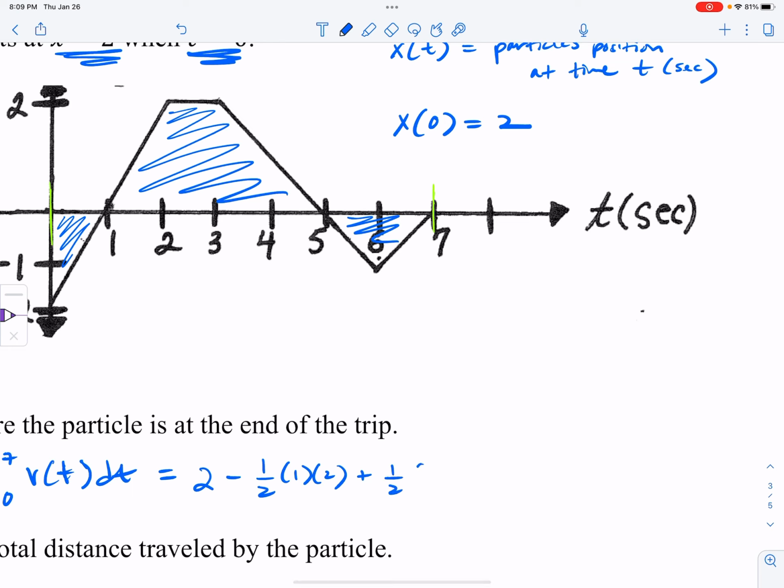So 1/2 times, this side is a length of 4, this side is a length of 1, it looks like, and then the height is 2. And then we have some more negative area. So minus 1/2 times base 2 and height 1.